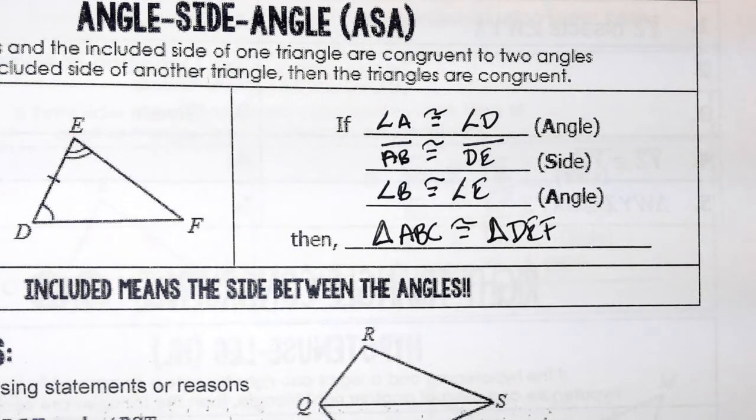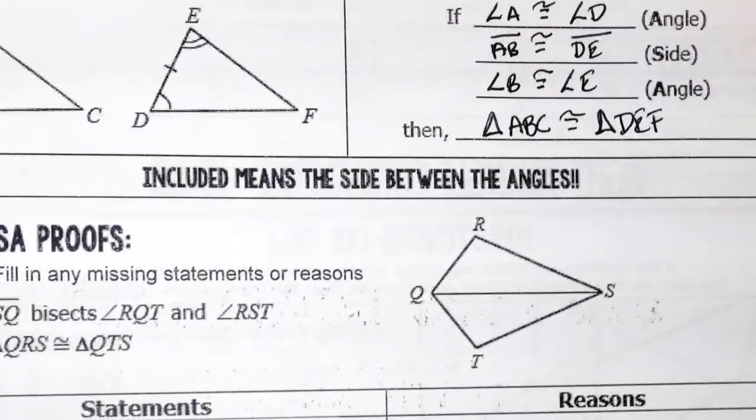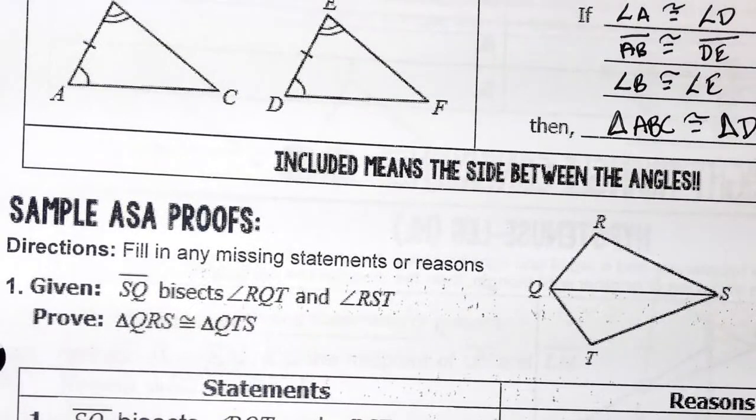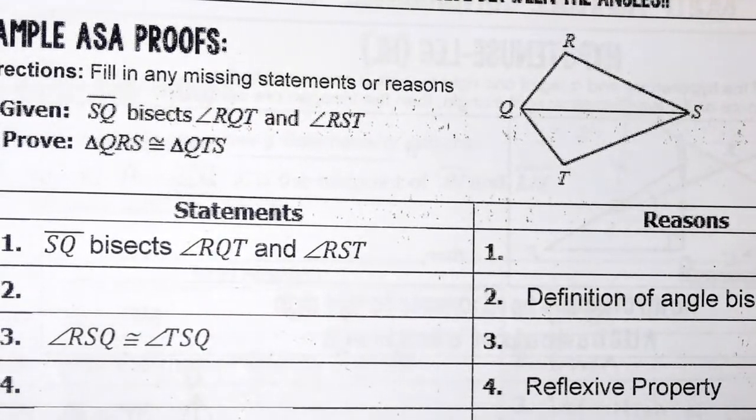Then we have a sample ASA proof on this one. So it starts out with our given information. It says given segment SQ bisects angle RQT and angle RST. And then they want us to prove that the triangles are congruent.